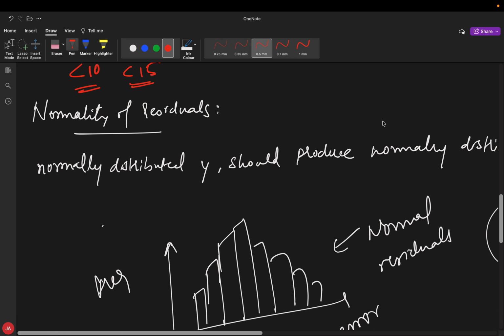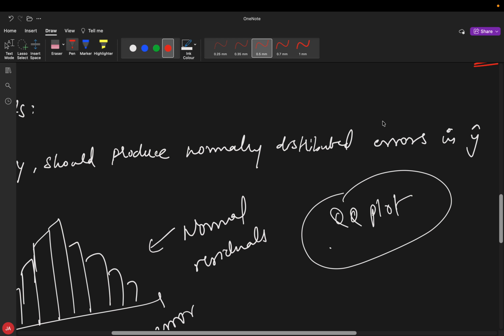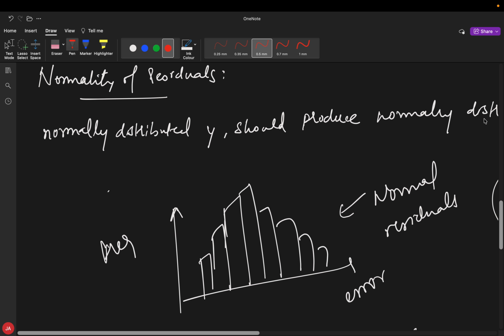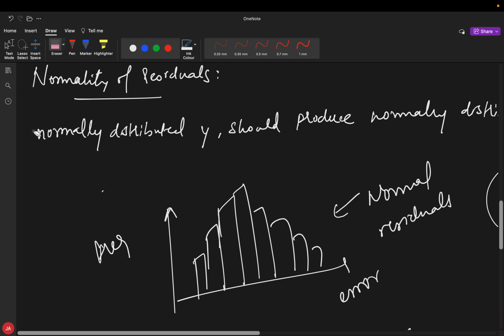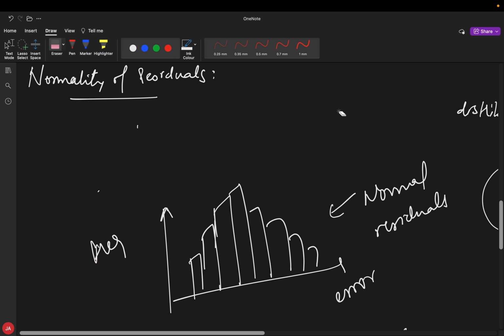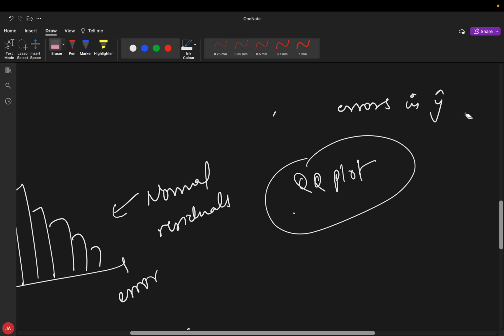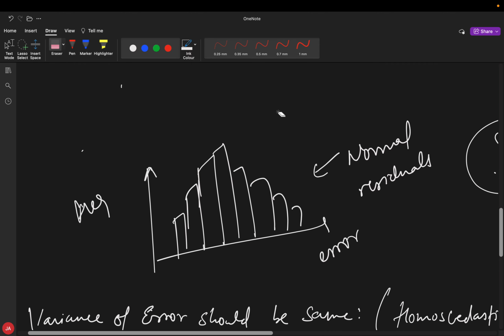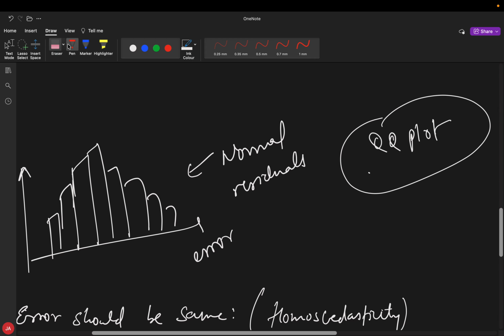Now, normality of residuals. Instead of saying the data is normally distributed, we should check whether the distribution of the residuals is normal or not, using the QQ plot.